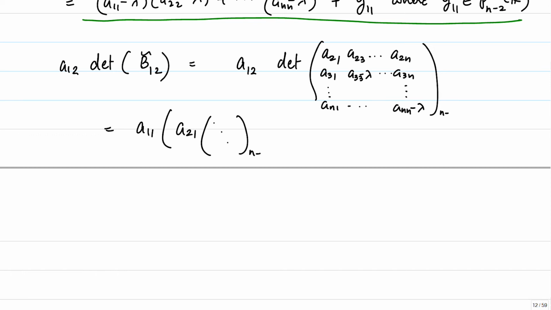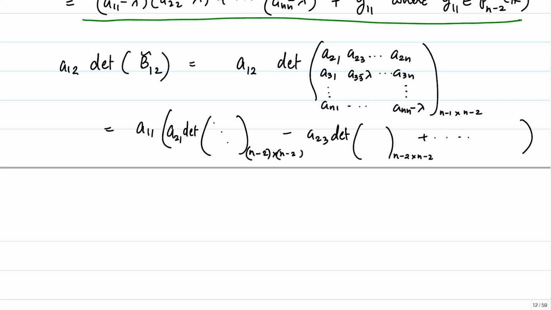This is an n minus 1 cross n minus 1 matrix, so this is going to be an n minus 2 cross n minus 2 matrix. Then there will be a minus A23 times the determinant of another n minus 2 cross n minus 2 matrix. The other terms I will not write because they are not important.